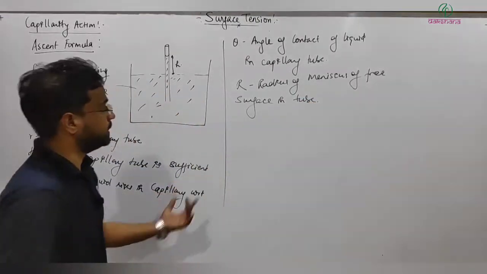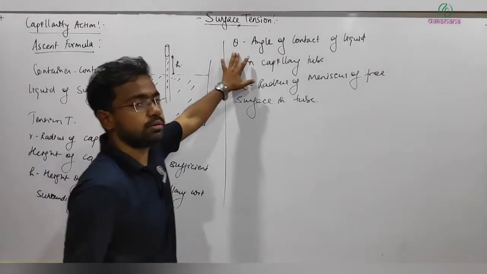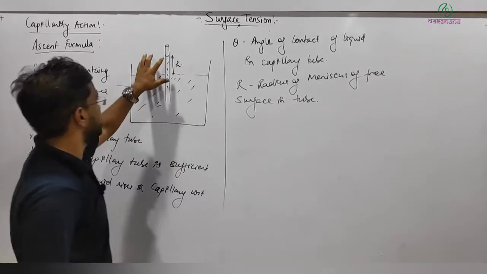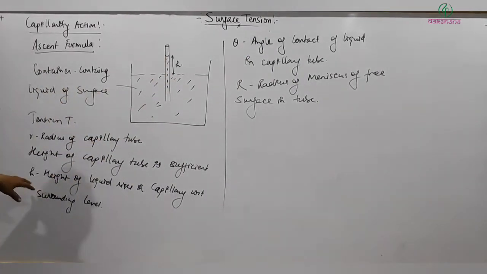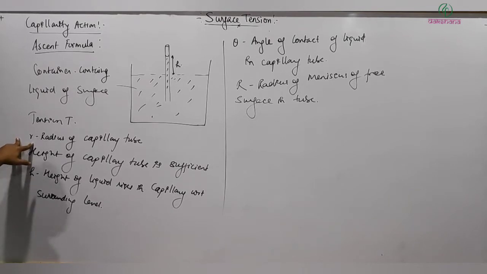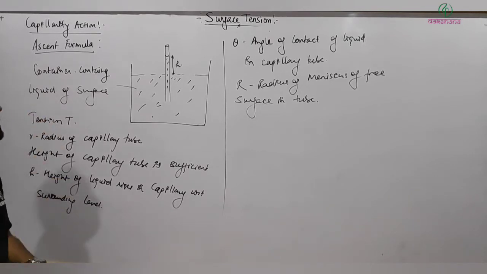These are all conventions. Theta is the angle of contact, R the radius of curvature of this free surface or meniscus, h is the height, small r is the radius of the tube, and T is the surface tension.